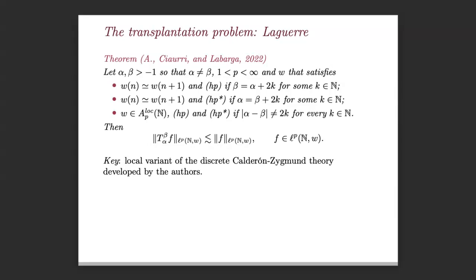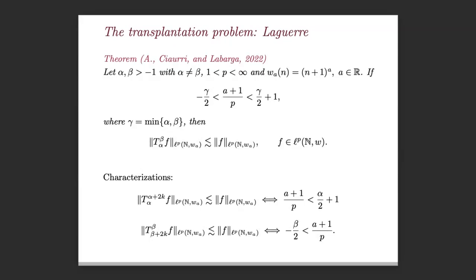Well, in the special case of power weights, the requirement on the weights simplifies to this condition on the exponent, where gamma here denotes the minimum of the orders. The necessity of this condition is conjectured to be true for all possible values of the orders alpha and beta, but the question is also open.